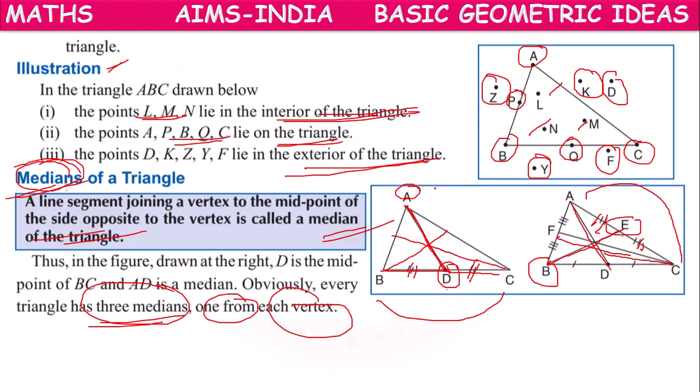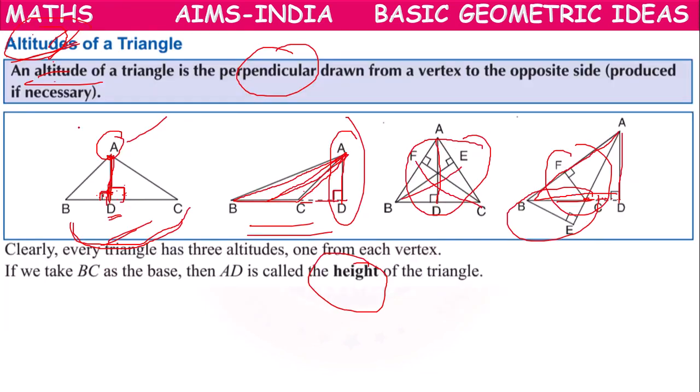Median means from the vertex to the midpoint of the opposite side. Altitude means from the vertex to the opposite side, a perpendicular line, not a point. That perpendicular line touches at a point. It may be in the middle, it may be outside, it may be inside. That line is called the altitude.